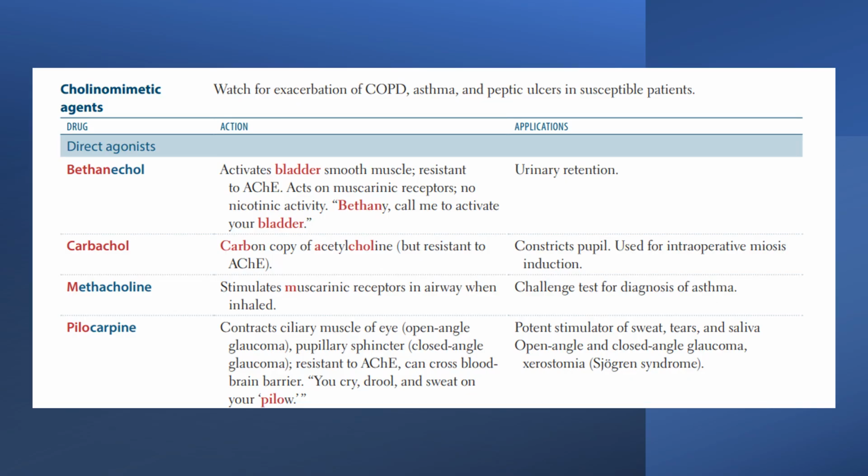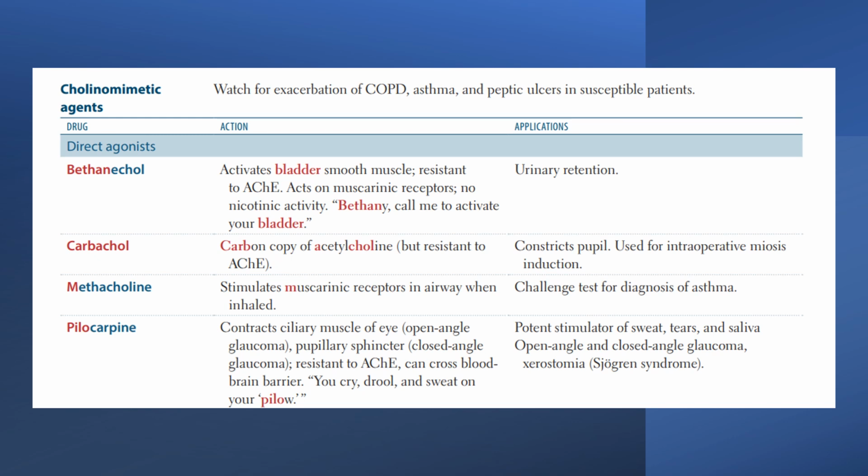Now comes the very interesting and very simple part of the video. We have the cholinergic drugs. They are divided into two parts: direct and indirect.